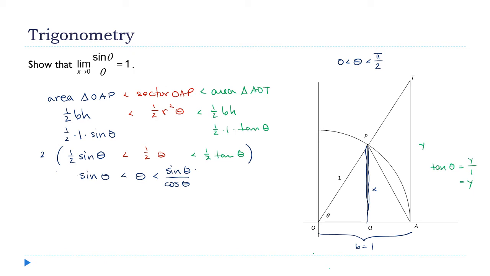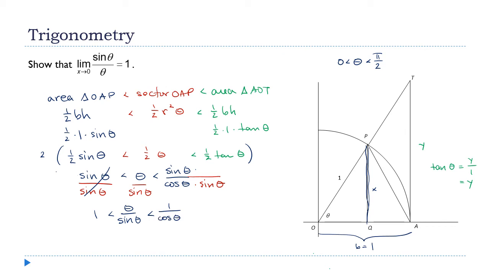So it's okay in this limited case for me to divide everything by the sine of theta, because I know that on the right-hand side of 0, the sine of theta is positive. All right, so what happens? Stuff cancels here. 1 is less than theta over sine theta is less than 1 over the cosine of theta.